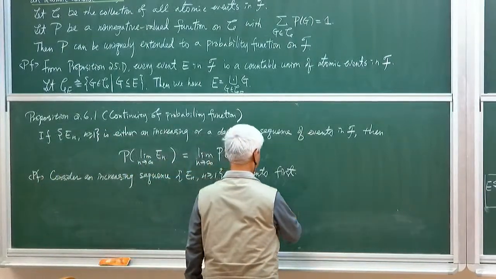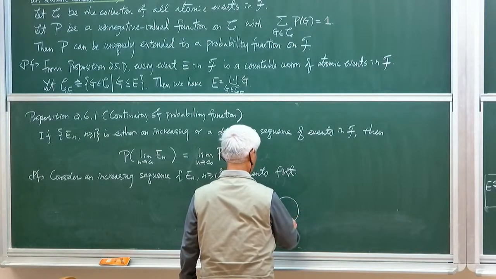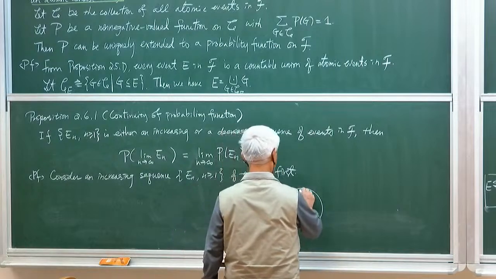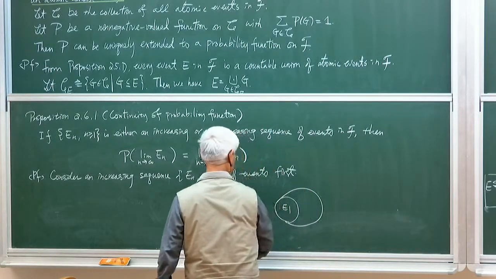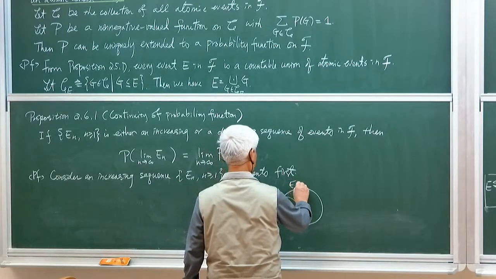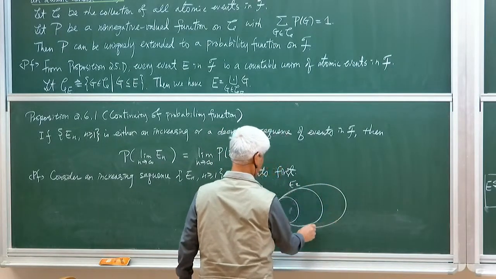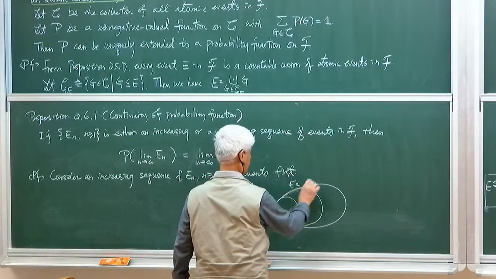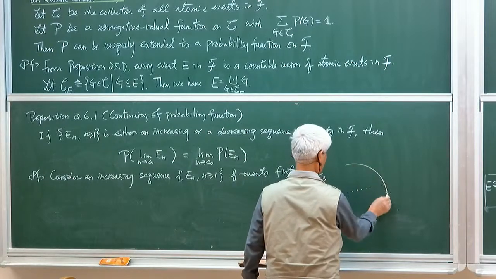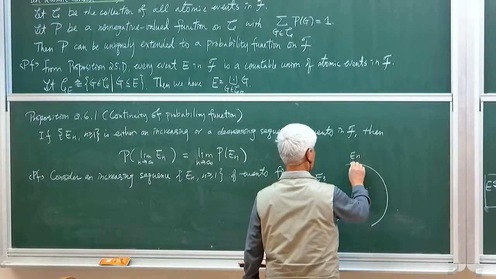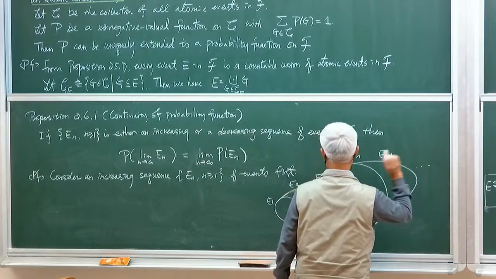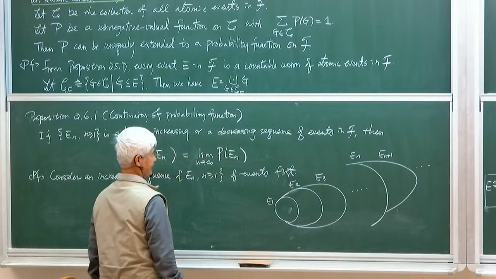Here we can see E1, E2, E3, En, becoming bigger and bigger.